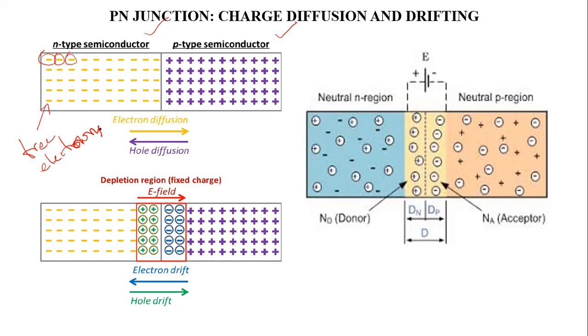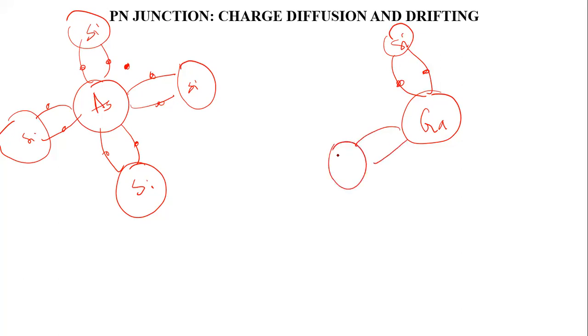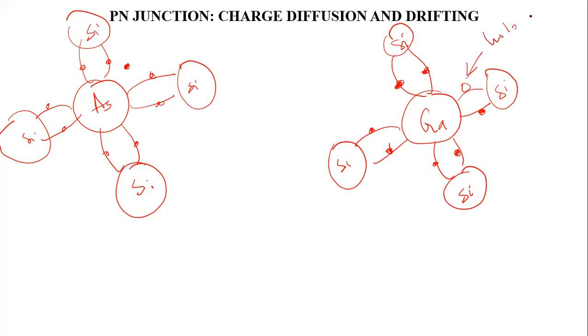However, in a p-type semiconductor, as we discussed before, if you put a trivalent atom in the silicon crystal matrix, there is covalent bonding, covalent bonding, covalent bonding, and for the fourth one it does not have sufficient valence electrons. So there is a vacancy here, a hole or vacancy.